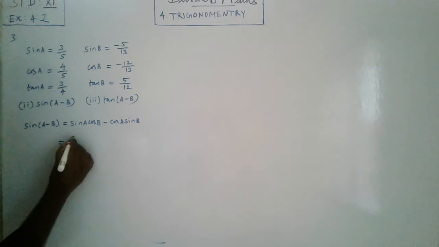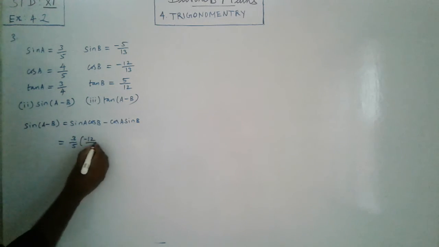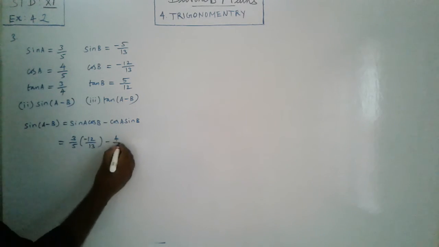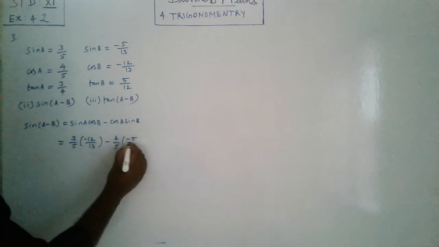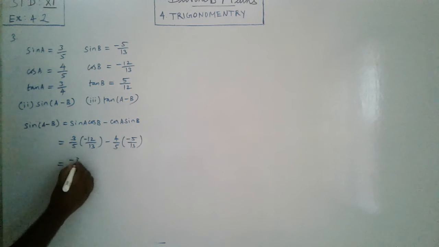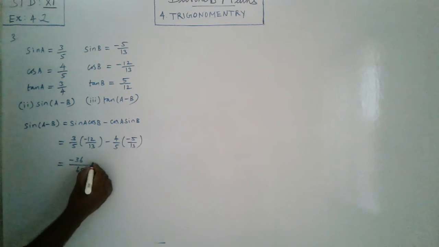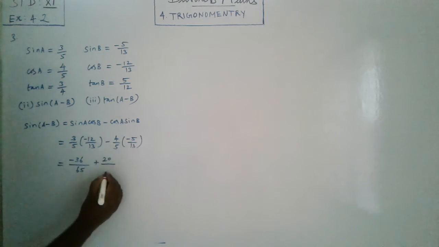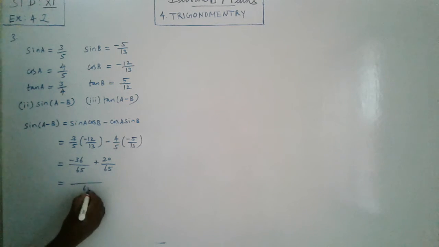Sin A is 3 by 5, cos B is minus 12 divided by 13, cos A is 4 by 5, sin B is minus 5 by 13. 3 into minus 12 is minus 36 divided by 5 into 13, which is 65, minus into minus is plus, 4 5s are 20 divided by 65. 65 is the LCM.